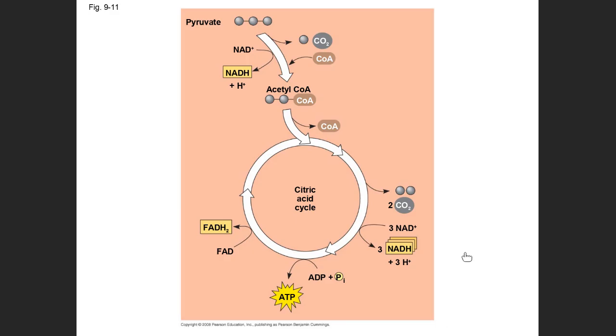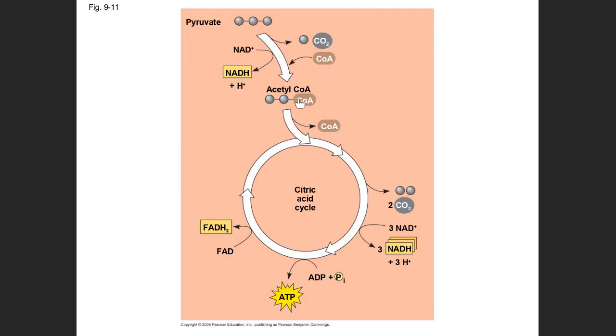So here we see the Krebs cycle. We're in the mitochondrial matrix now. If we were in a prokaryotic cell, we would still be in the cytoplasm. But since we're in a eukaryotic cell, we're inside the mitochondrion. So our pyruvate gets decarboxylated to make the acetyl coenzyme A. We said that CO2 gets released and NADH is produced.